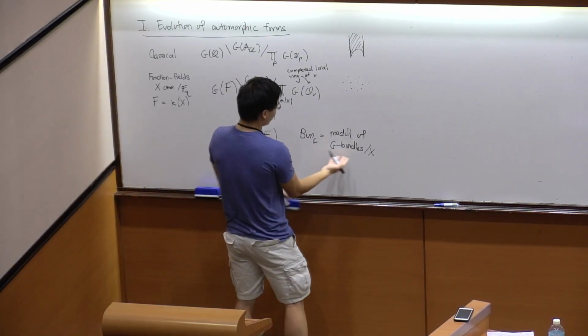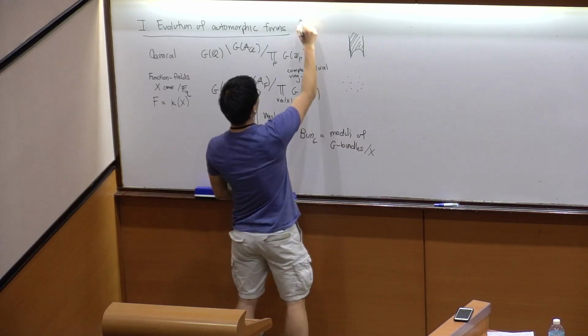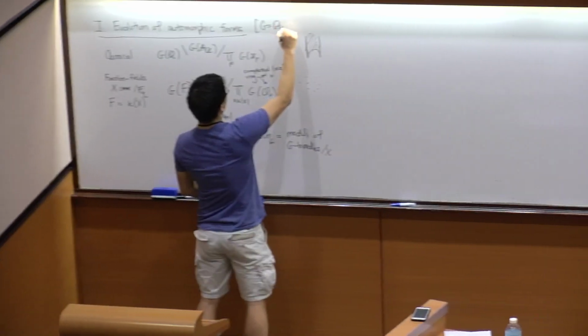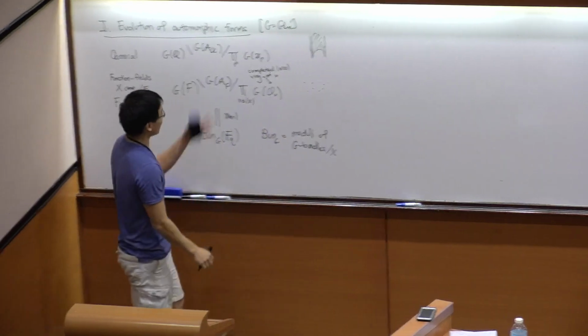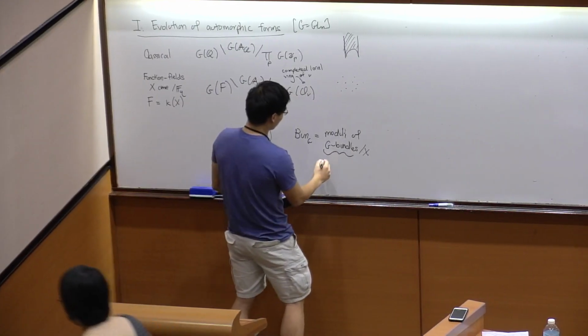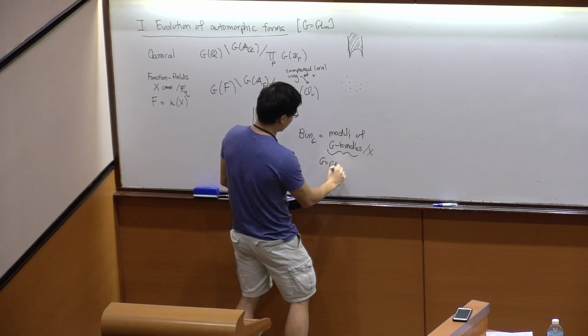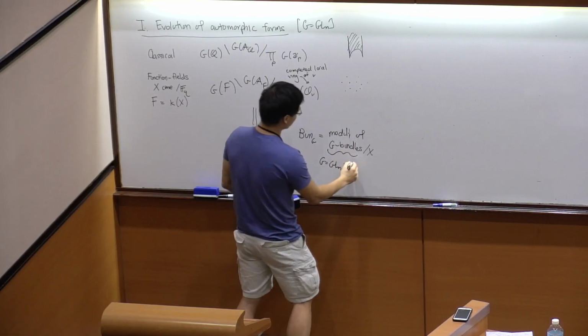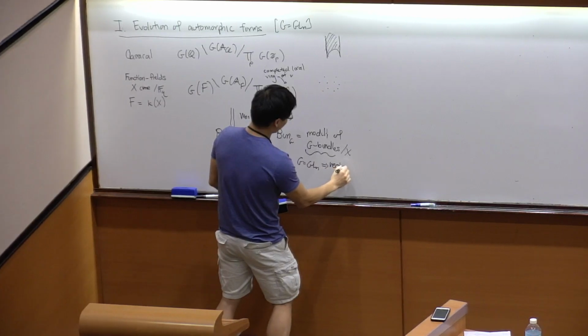So if you don't like this so much, feel free to assume that G is GL_n in this talk. At some points, you'll have to assume this. You can think of this G-bundle as just meaning a vector bundle in that case. So if G is GL_n, the G-bundle is a vector bundle of rank n.